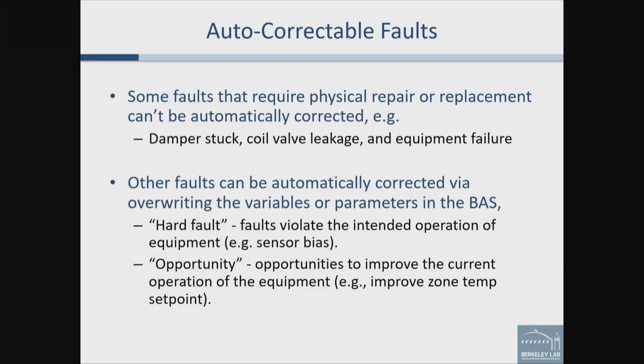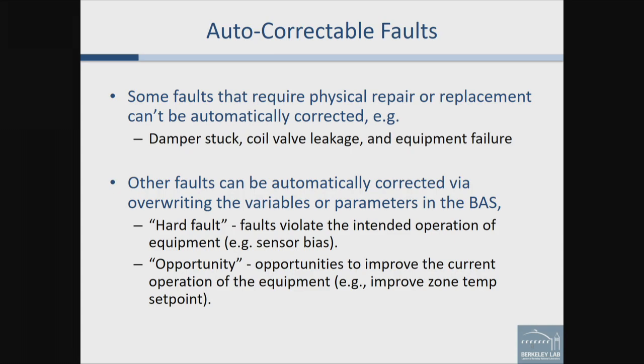For example, we expect the HVAC system to turn on at 6 a.m. and turn off at 6 p.m. But when we look at the building operation and find the HVAC system turning on at 4 a.m., that is the difference between operation and design intent. We call it a hard fault.